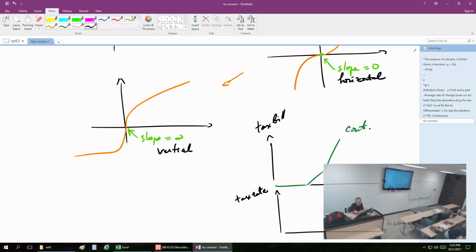Okay, but if I want tax rate, remember what it is. It starts with 0 up to this point, then it becomes 10%, and then 20%. Okay, they are aligned, but I put them on two different xy planes because the y-axis is not related. So tax rate, tax bill, not the same units.